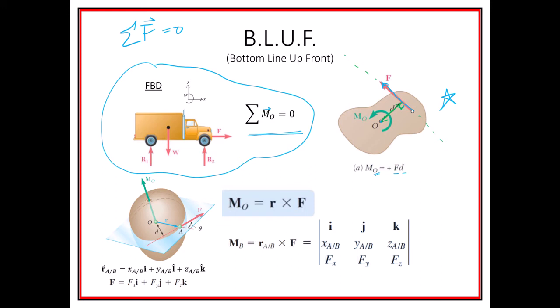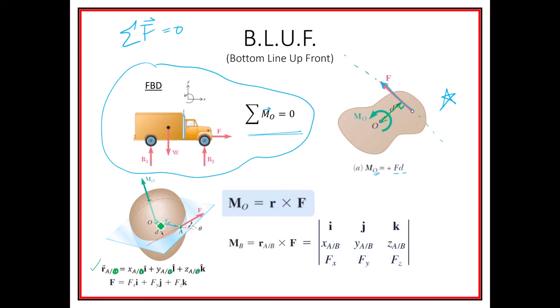In a more complicated sense, in 3 dimensions, what we want to do is take a position vector that we'll define as the position. In this case, if it was going to match this figure, this should actually be O right here. And point A is a point that the line of action of the force passes through, and this position vector r right here, if we want to make it very formalized, we could say is A with respect to O, right?